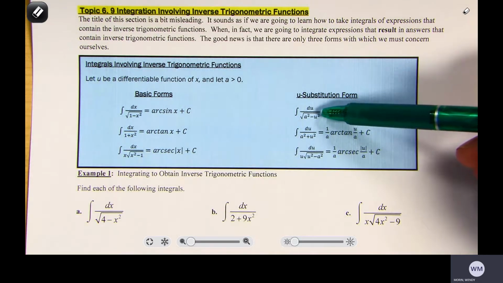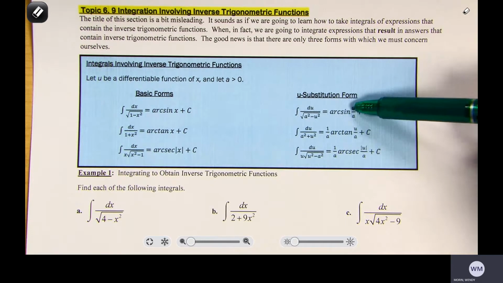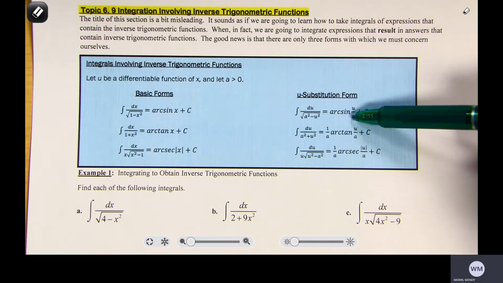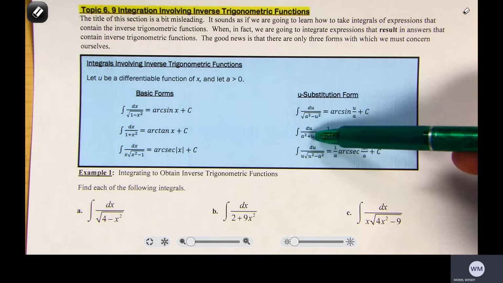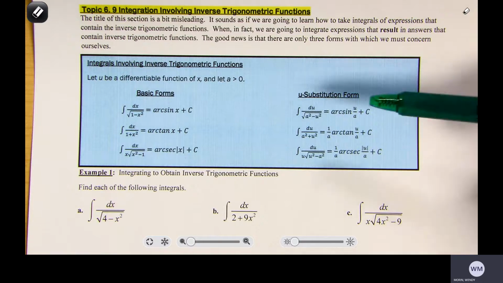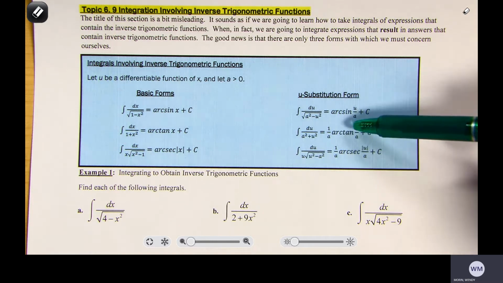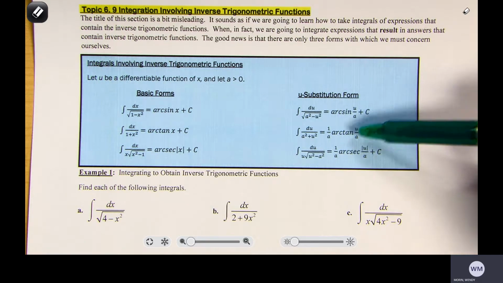Memorize these. The integral of 1 over the square root of a squared minus u squared is the arcsine of your u value divided by your a value. If it's just a squared plus u squared on the bottom, and again, u is a differentiable function, then it's the arctan. It's 1 over your a value, times the arctan, or tan to the negative 1, of u divided by a.